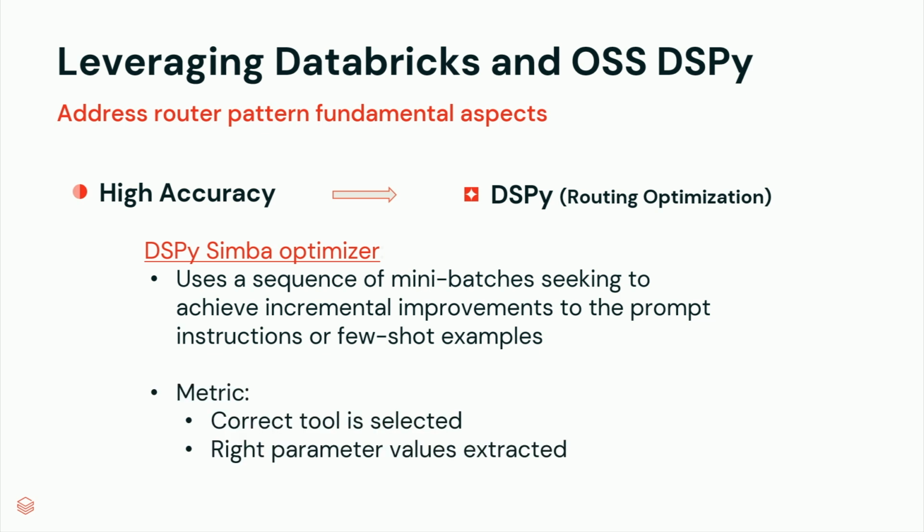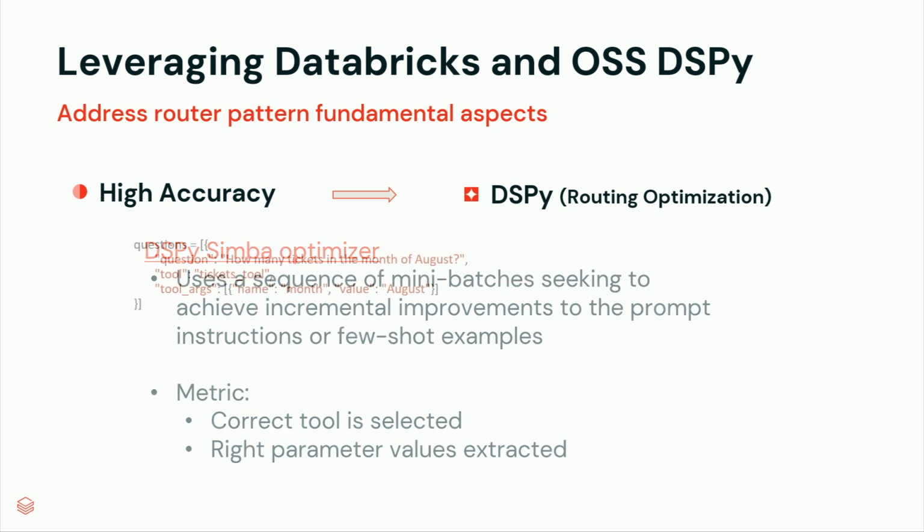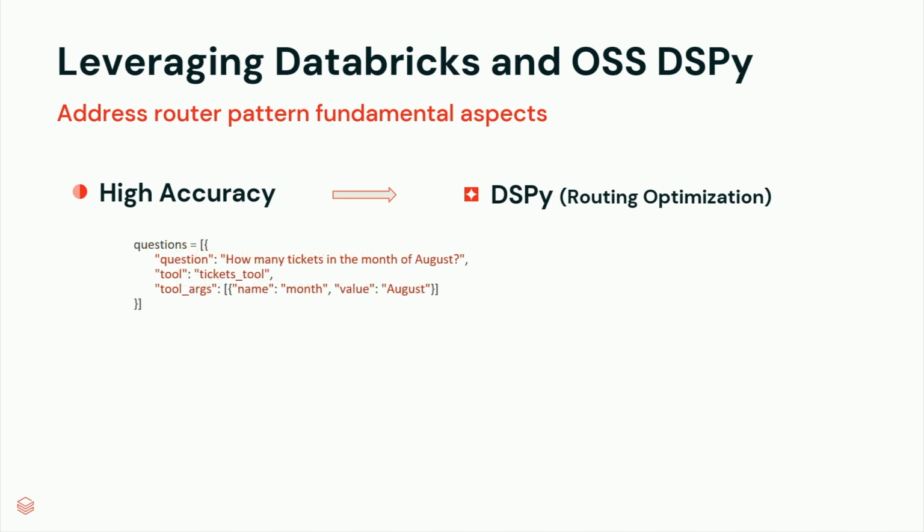Okay? Now, what's really important in this case is how you measure improvement. The good news is that in the case of the router, it's kind of simple, because if you can set up the questions ahead of time, you know which tool should be called, and you can know which parameters should be extracted. So you can set up those expectations ahead of time, like I'm doing here.